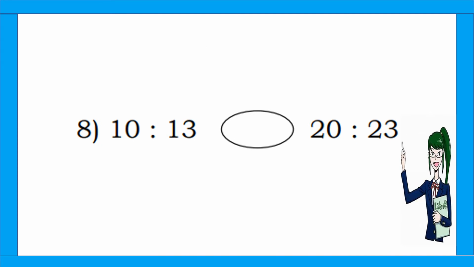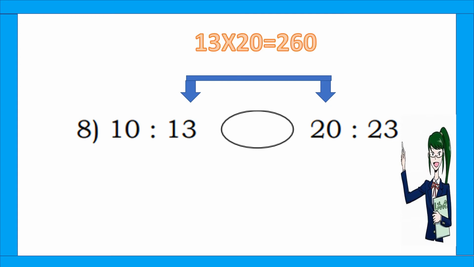Number 8. 10 to 13, blank, 20 to 23. The means are 13 and 20. Get the product of the means. 13 times 20 equals 260.